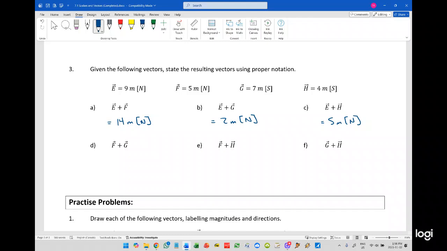F and G, 5 north plus 7 south is actually 2 to the south. F and H would be 5 meters north plus 4 meters south. That's 1 meter north. And G plus H, 7 meters south plus 4 more meters south would be a total of 11 meters south.